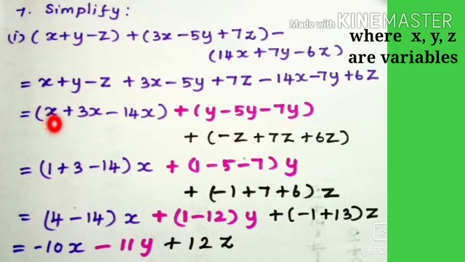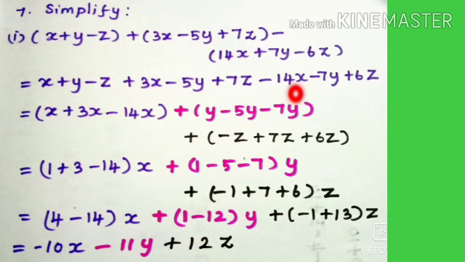Let us arrange like terms separately. Here we get x, 3x, minus 14x are the like terms in x. y, minus 5y, minus 7y are like terms in y. Minus z, plus 7z, 6z are like terms in z.